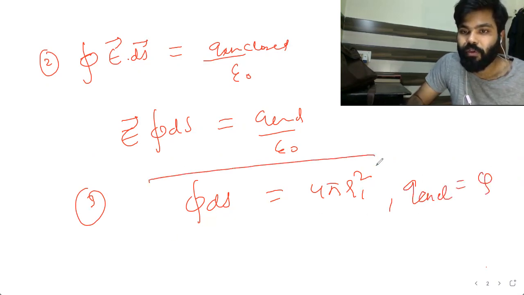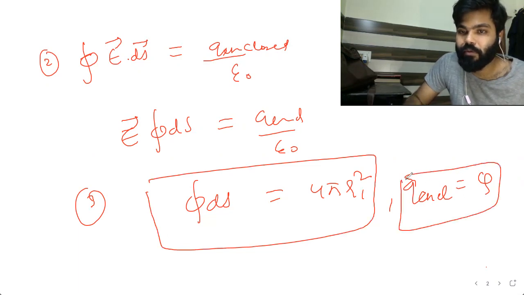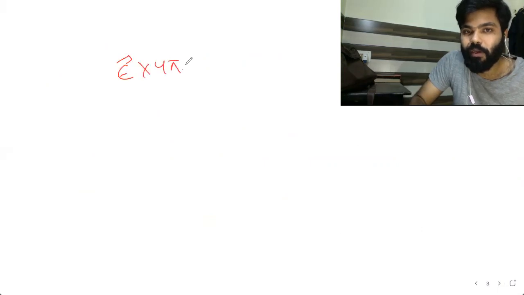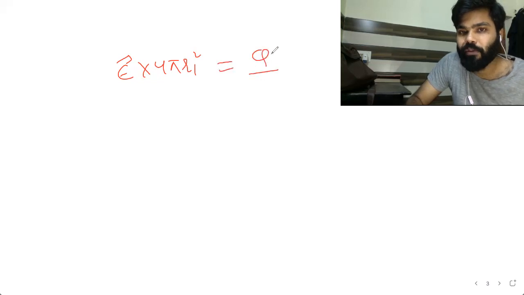Now put the value of integral of ds and q enclosed in second expression. You will get your answer: E times 4 pi r1 square equals q enclosed upon epsilon naught.